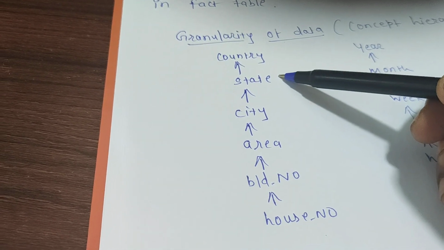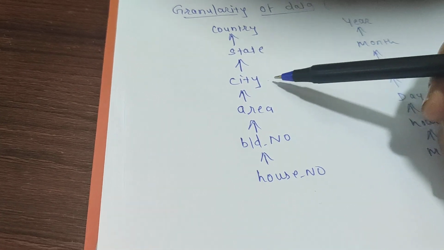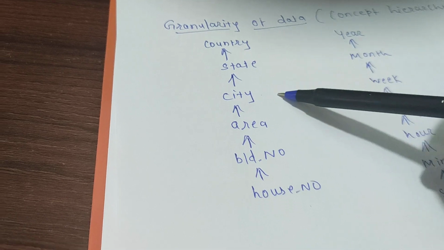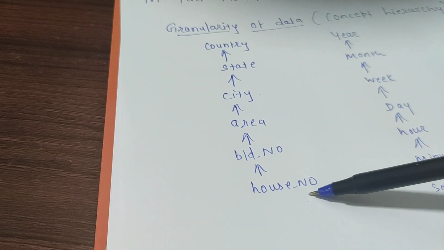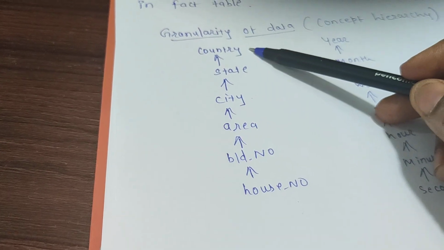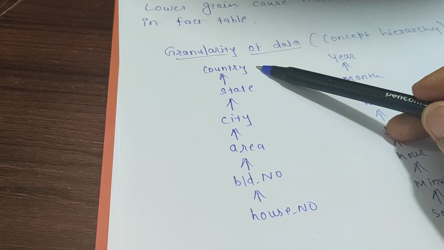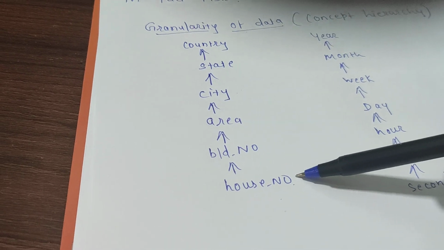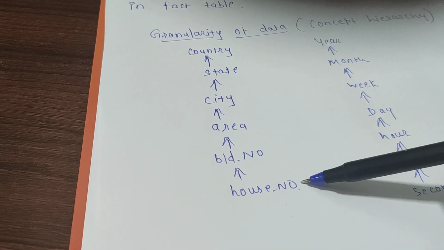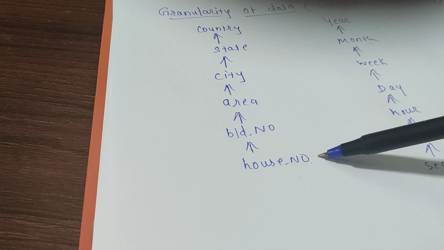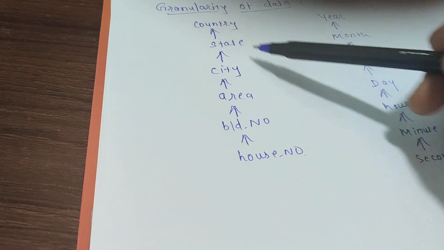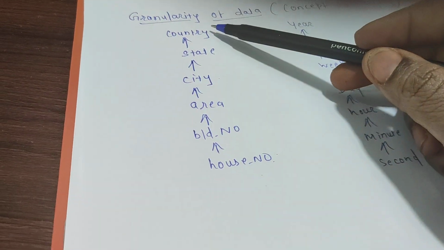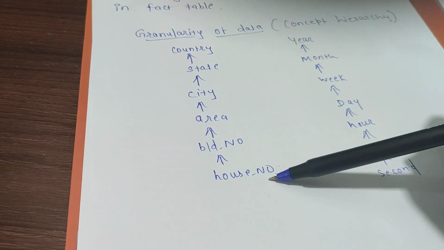Here more detailed data. The level of detail is going to increase as we increase the granularity of our data. So at this higher level, our granularity or detail of information is less, but here our granularity of data is more, because we know everything, starting from country to house number.